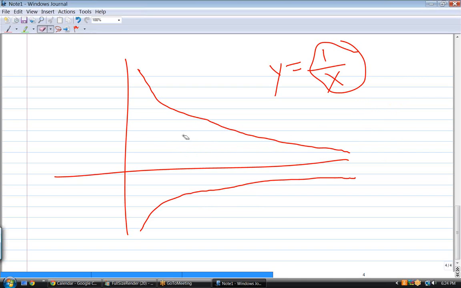If you figure out the area from 1 to infinity of this function, you get an infinite answer. And yet, the volume of Gabriel's horn is finite, while the surface area is infinite. What that tells you is that if you fill Gabriel's horn with paint, you couldn't do it.